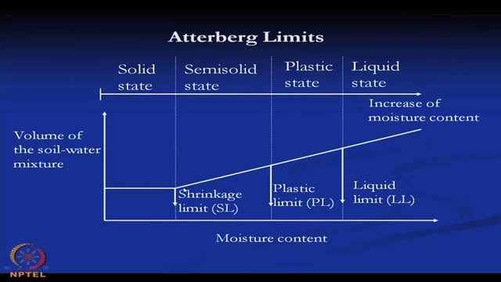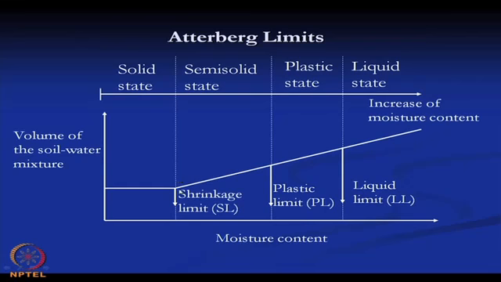So, if we reduce the water from a liquid state of soil, then it will pass the liquid limit and go to the plastic state, and if you reduce further, it will pass the plastic limit and go to the semi-solid state, and if you further reduce the water content, then it will pass the shrinkage limit and go to the solid state.